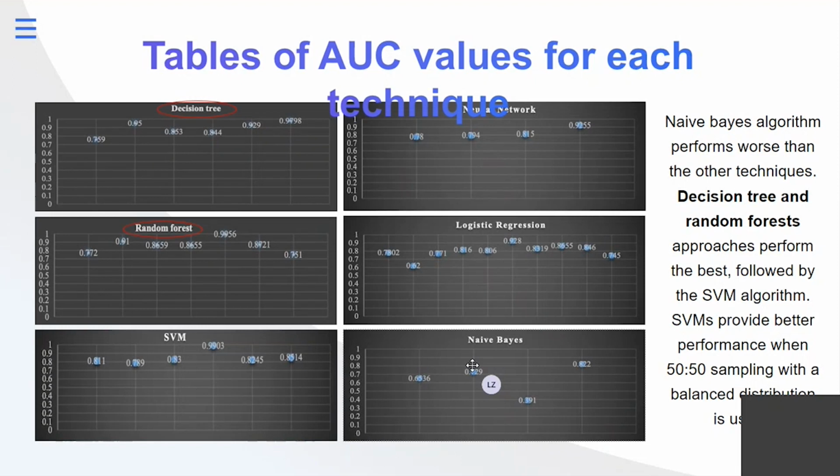During the research, SVM performs better when 50-50 sampling with a balanced distribution is used, whereas the decision tree and random forest approaches perform better when oversampling on a full database.